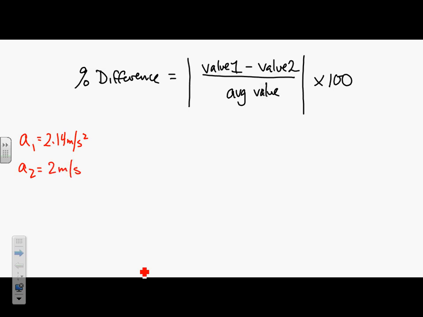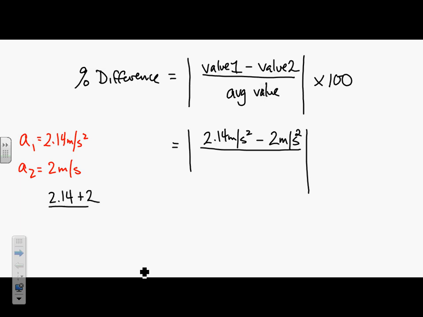So we're going to plug those into this equation. A1 is 2.14 meters per second squared. A2 is 2 meters per second squared, and those are the top two values. The bottom value is going to be the average of those two. So how do you find an average? Well, you add them up and divide by 2, which should give us 2.07 meters per second squared as an average.